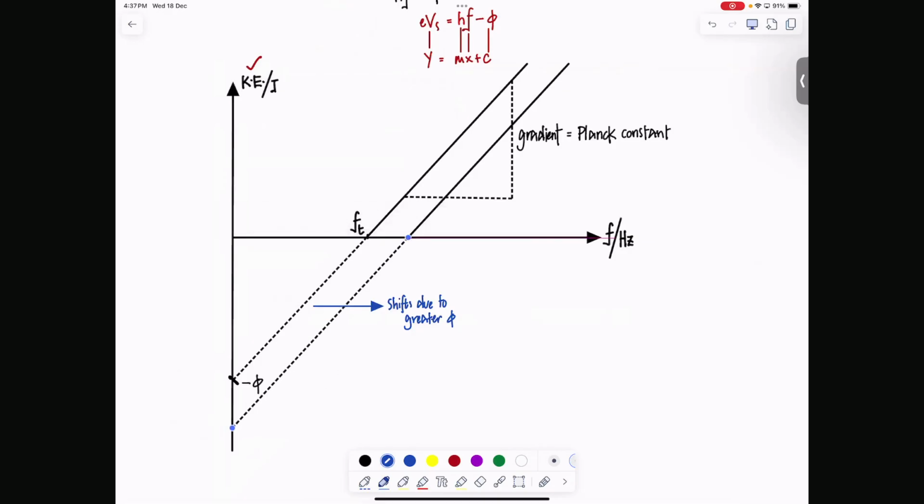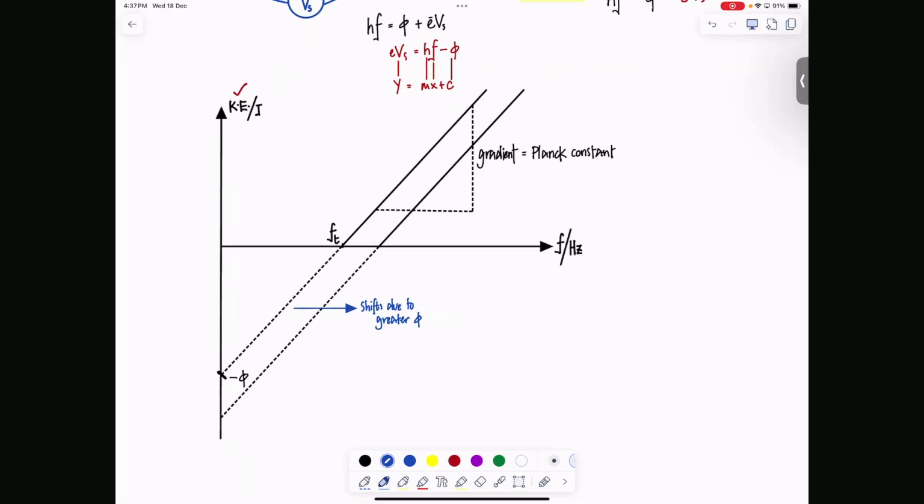Also, one follow-up question. Can you tell me if I increase my intensity, what happens to the graph here? I mean, intensity, right? How does my graph change? How does the variation of intensity affect your graph? Nothing. What do you think?